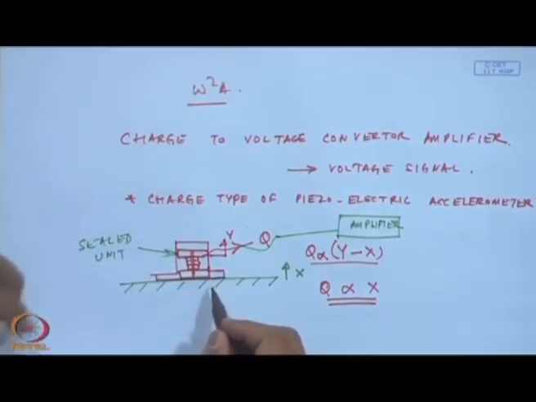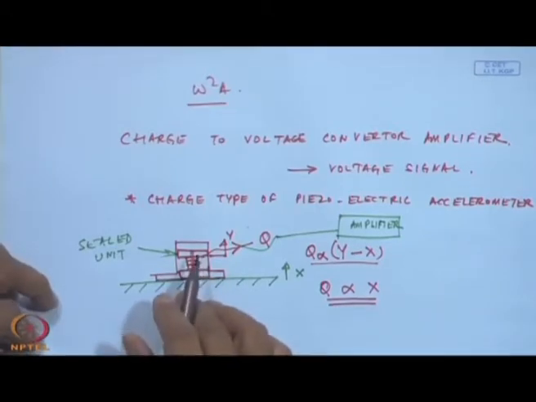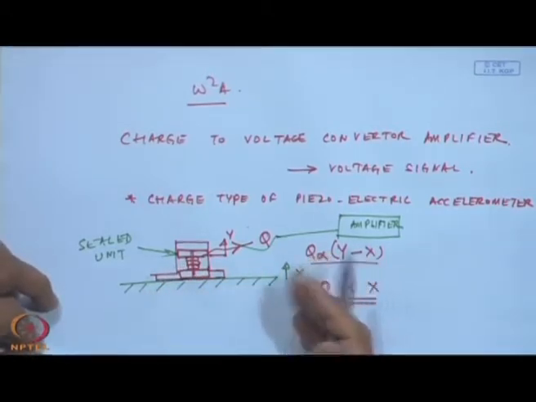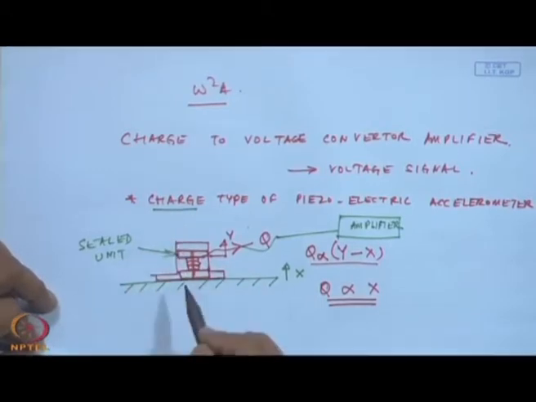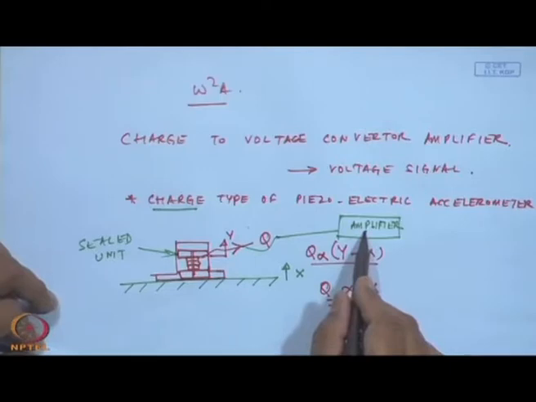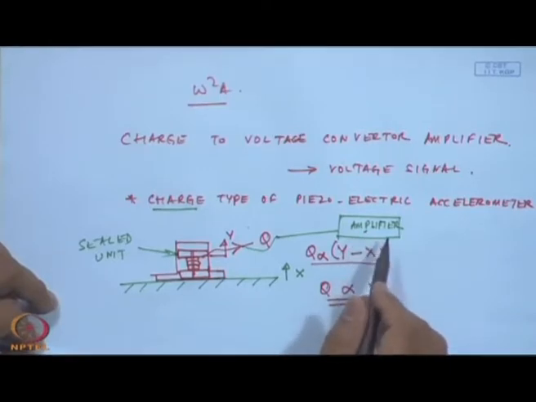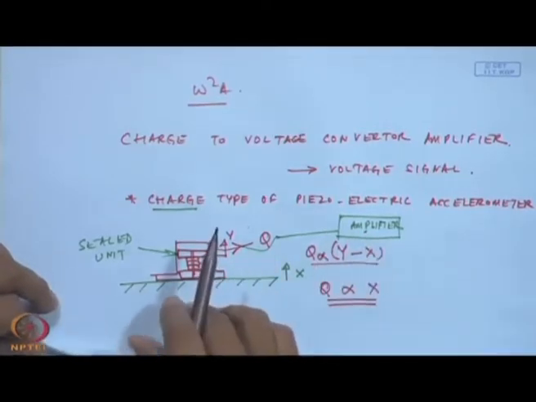Advantage of such an accelerometer is this can be subjected to very high temperatures, the charge type of accelerometers. But the disadvantage is that you have to carry a charge to voltage preamplifier with this accelerometer.